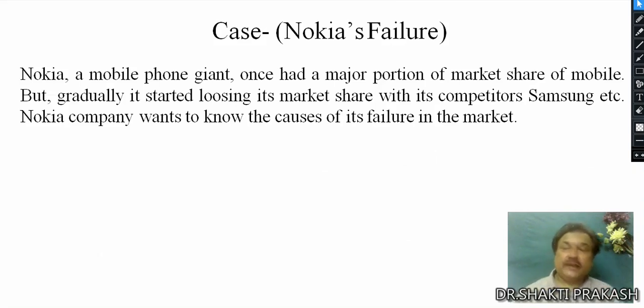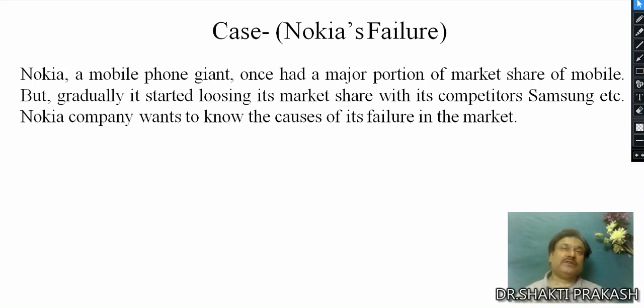Case: Nokia's failure. Nokia, a mobile phone giant, once had a major portion of the mobile market share, but gradually it started losing its market share to its competitor Samsung. The Nokia company wants to know the causes of its failure in the market.